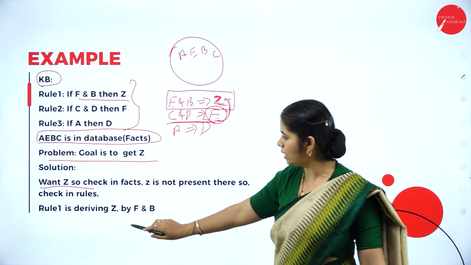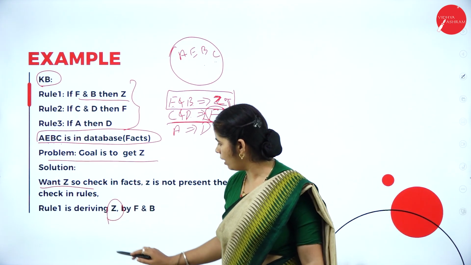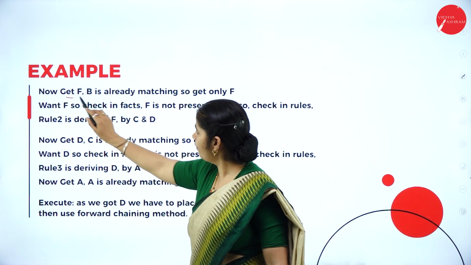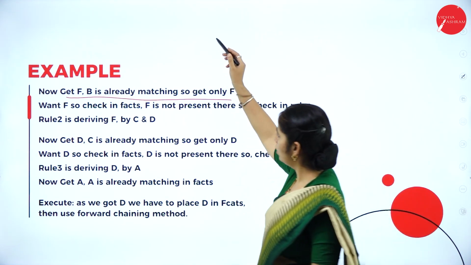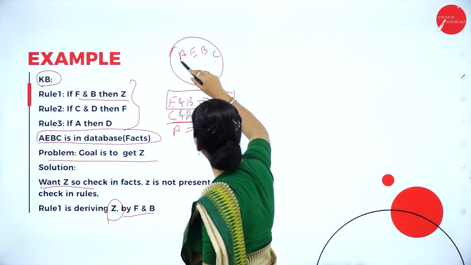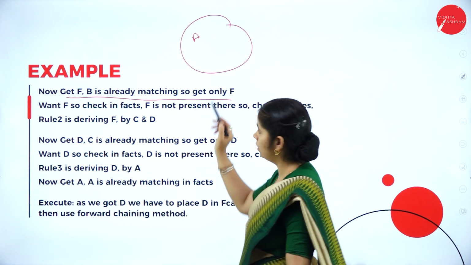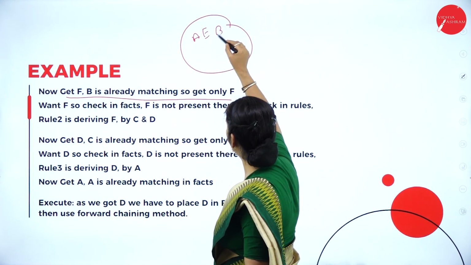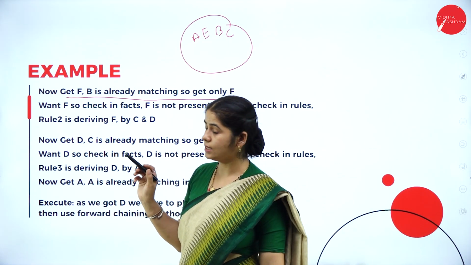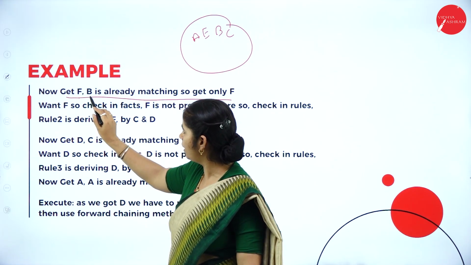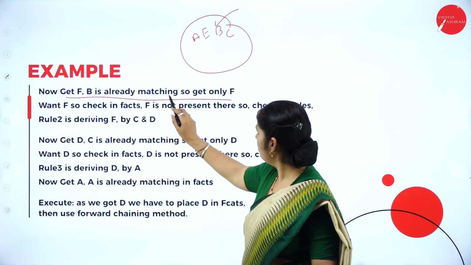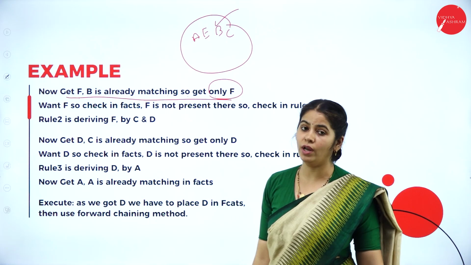F and B, then Z. Rule 1 derives Z from F and B. Now get F and B. B is already there in the database of facts A, E, B and C. So B is already matching, and I have to get only F.